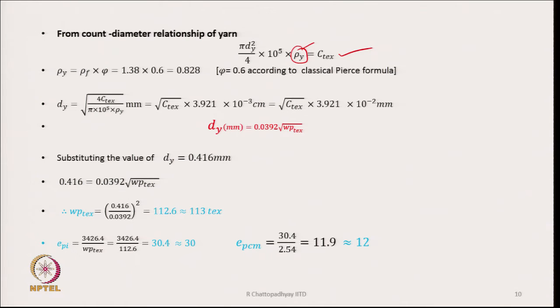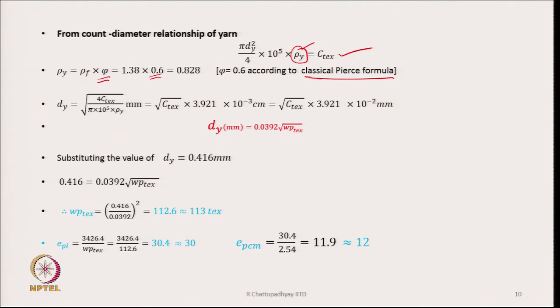Now, it all depends on the packing value. Yarn density is fiber density into packing factor. The packing factor chosen here is around 0.6, which is also a typical packing factor, based on the classical formula of Pierce we are using here, which gives a value of 0.6 for the packing coefficient.